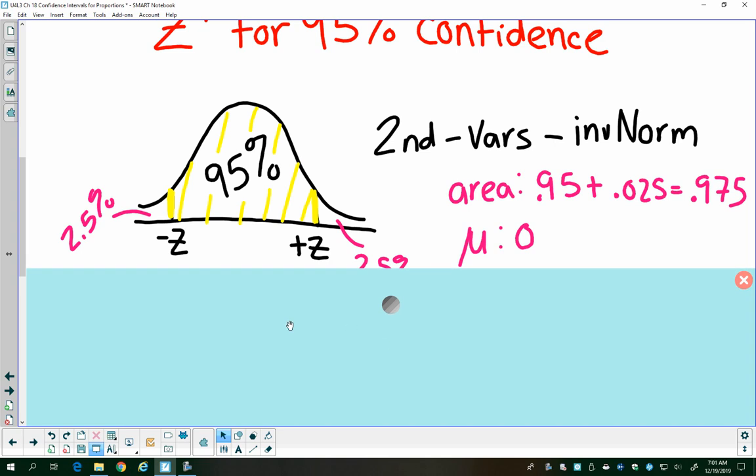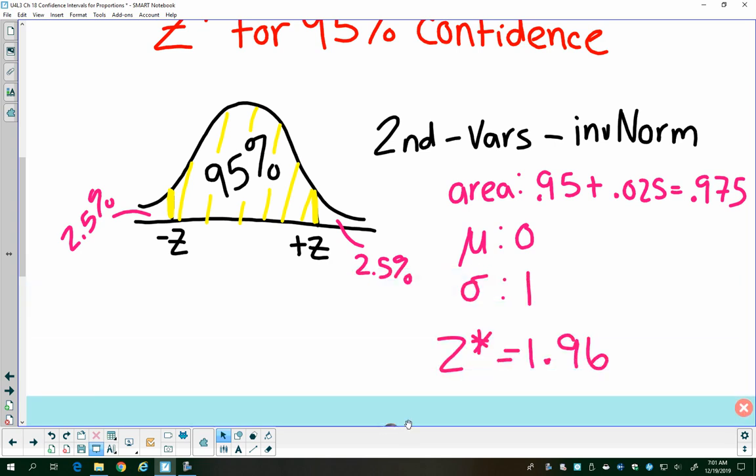What that confidence actually is, is an area of the normal curve, and it's the middle area. So we're looking for what z value, plus or minus, because this is symmetric, they're going to be the same absolute value. Which z values cut off the 95% area in the middle of this standard normal model?